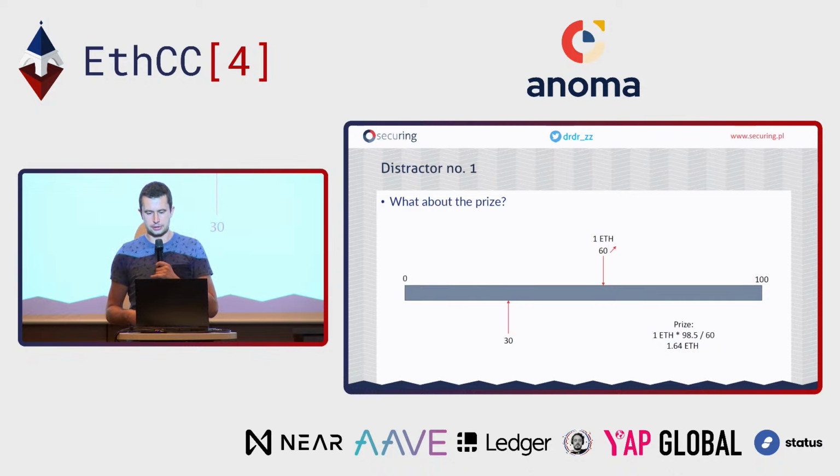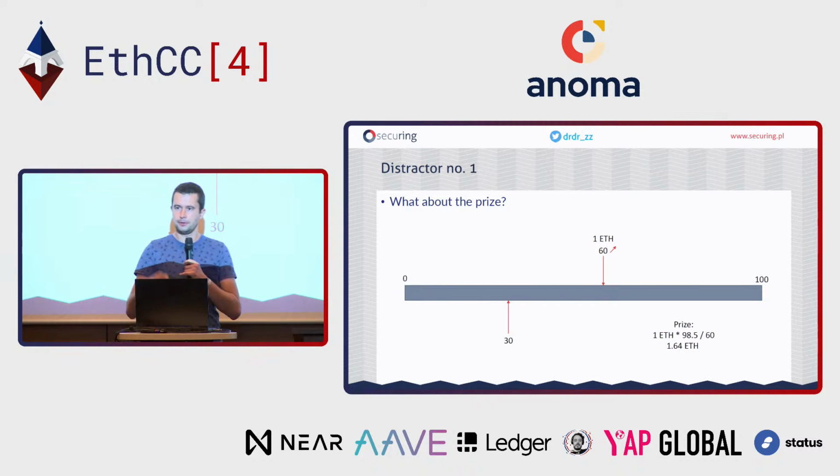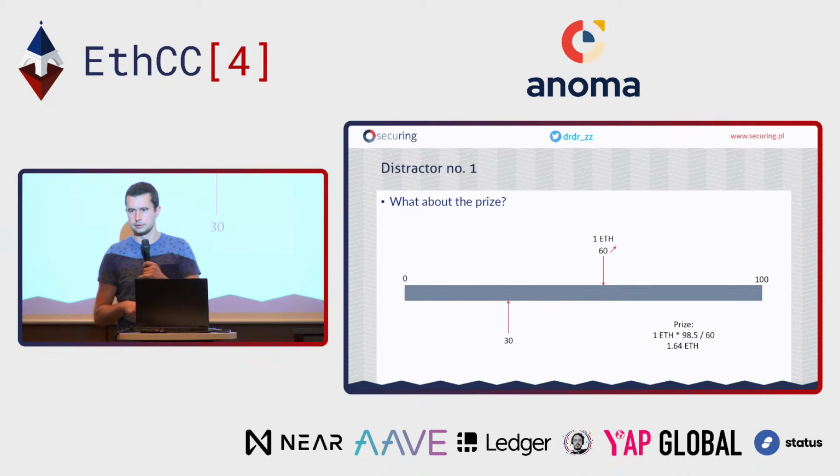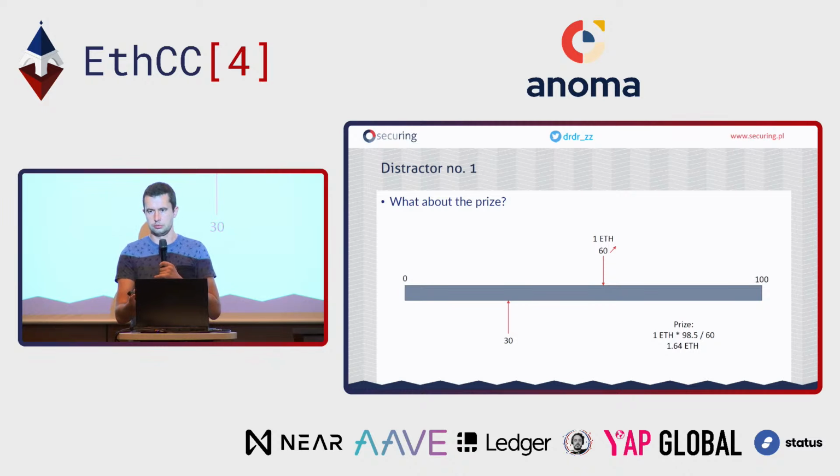So in this example, I would win 1.64, but if I bet 31, and say that it will be higher, I would earn much more, right? Almost twice more. So if you know that it will be 30, you can easily find the number that gives you the best outcome.